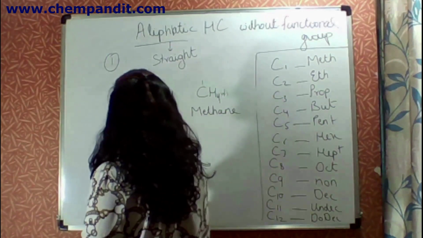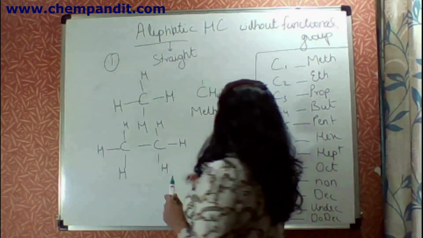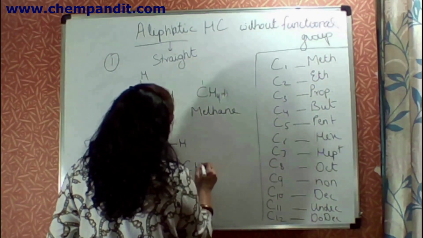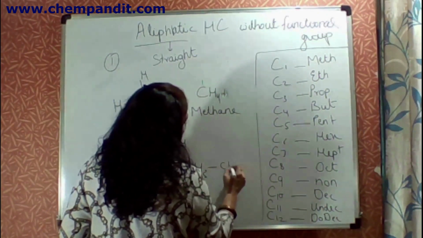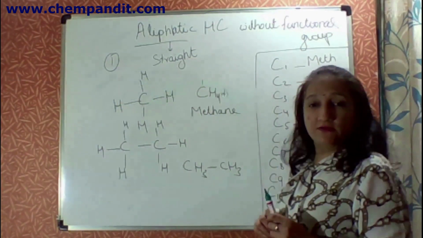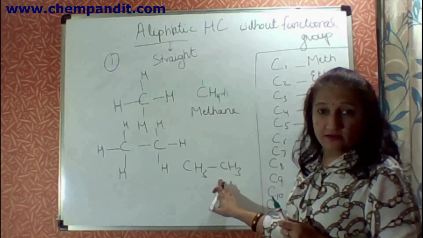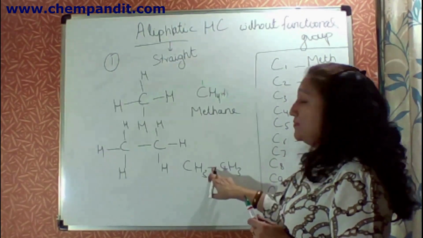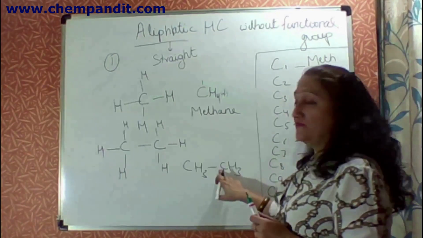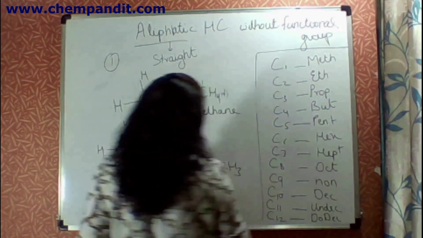Let's satisfy all the other valencies with hydrogen. Now again, this can also be written as CH3, CH3. Always make sure that the carbon has all its valencies satisfied: 3 hydrogen and 1 carbon makes 4. Clear?